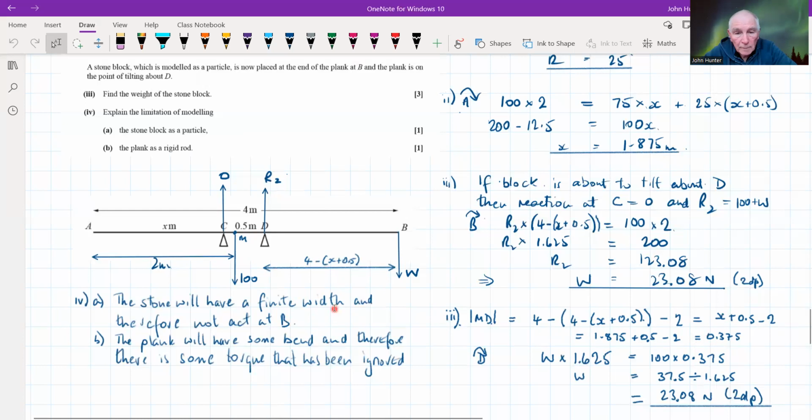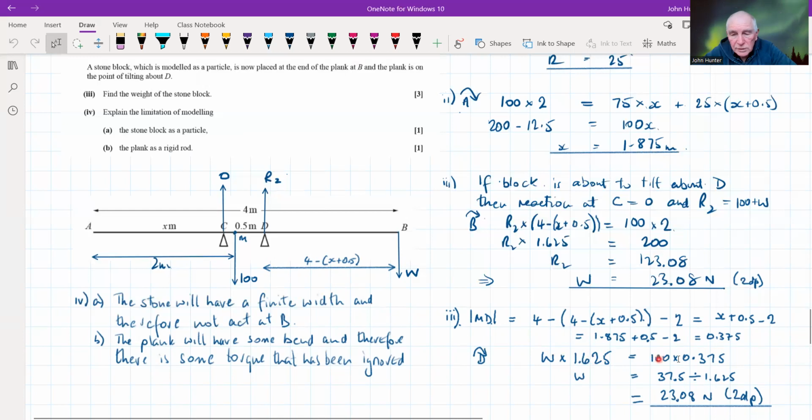Okay, so clockwise, we've got W acting at 1.625 meters. That's what this is once we've substituted our X in here. I've abbreviated this slightly to fit it into a smaller space. If you're doing it in an exam, you might want to do a little bit more calculation on these lengths. But the distance of W from the point D is 1.625.